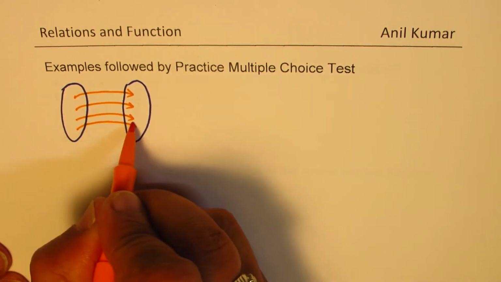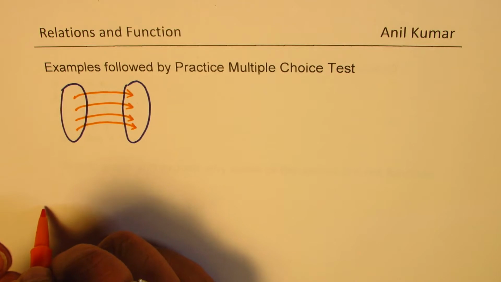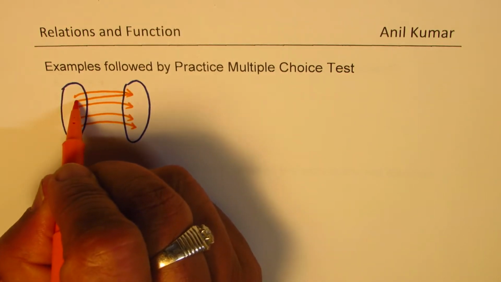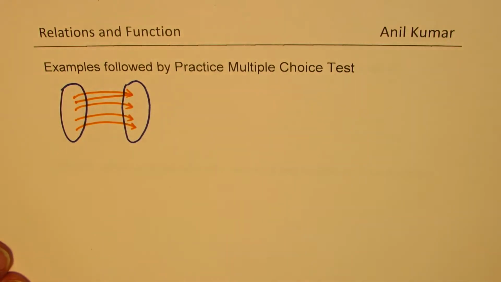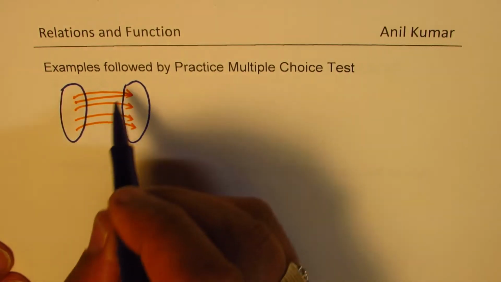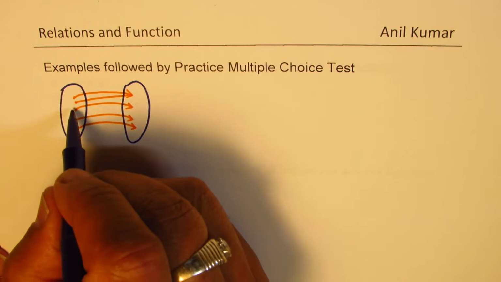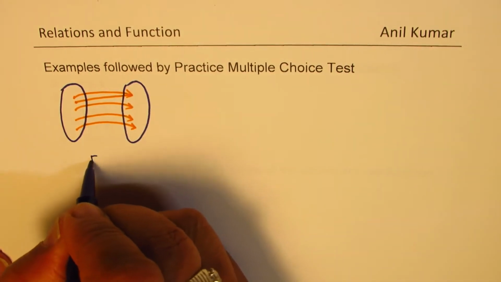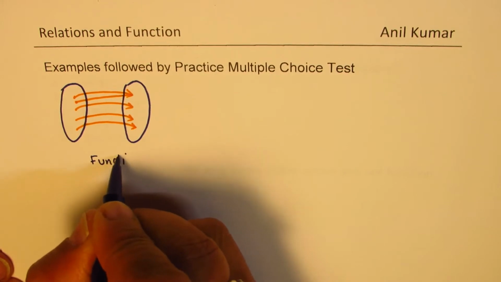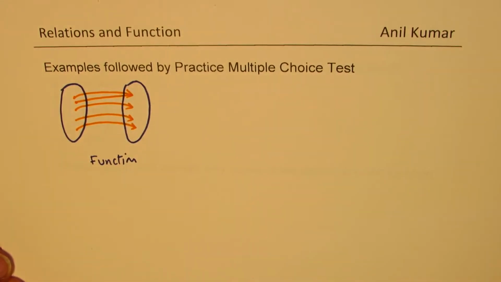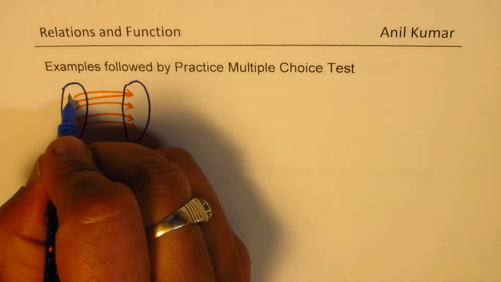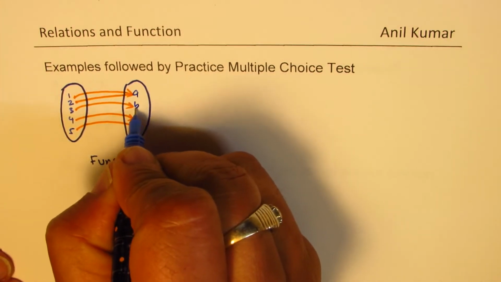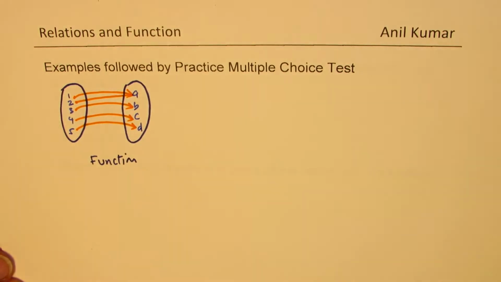Now if I do a mapping diagram like this, or even connect 2 points in the domain with the same point in the range, even then it is a function, right? We may write some numbers here, for example 1, 2, 3, 4, 5, and A, B, C, D there, but that really doesn't matter.